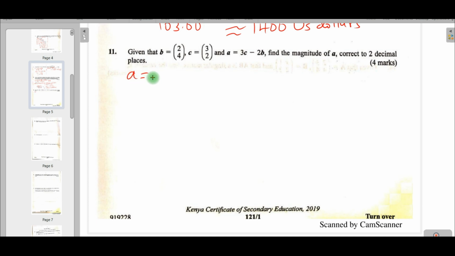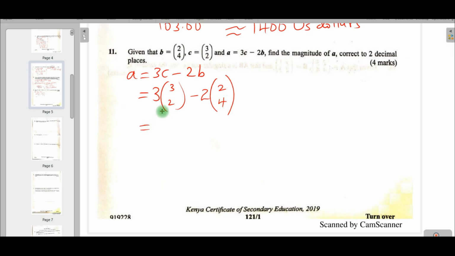So A is 3C minus 2B. We need to substitute the values of vectors B and C, so A will be 3 times (3, 2) minus 2 times vector B, (2, 4).